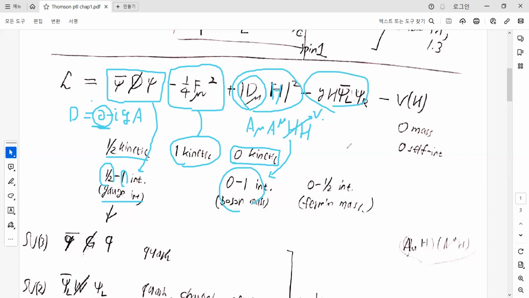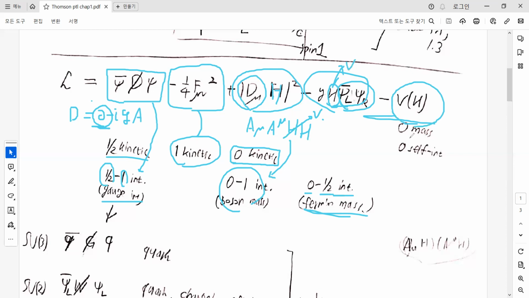The fourth term is a Yukawa interaction, between the Higgs doublet and the left-handed and right-handed fermions. So spin 0 and spin 1/2 are coupled, and if the Higgs gets a vev, then the fermions can acquire mass. The final term is the Higgs potential.